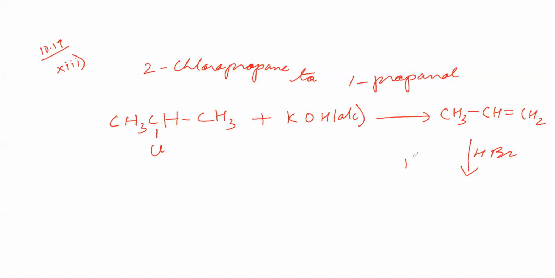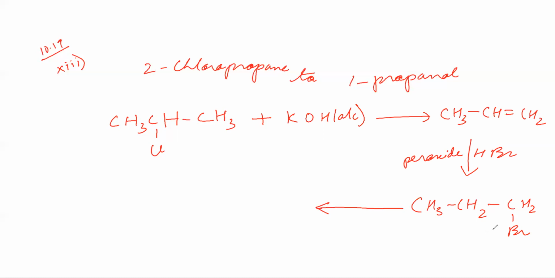In presence of peroxide, what effect are you going to see? You will find that it follows the anti-Markovnikov rule, and the bromine is added to the carbon which has more hydrogens.